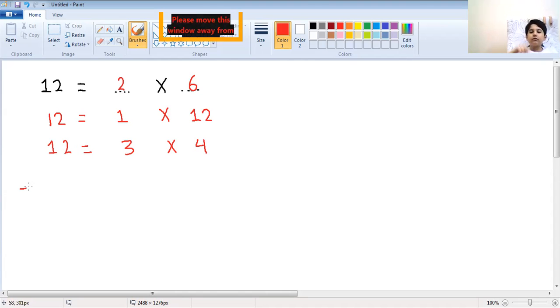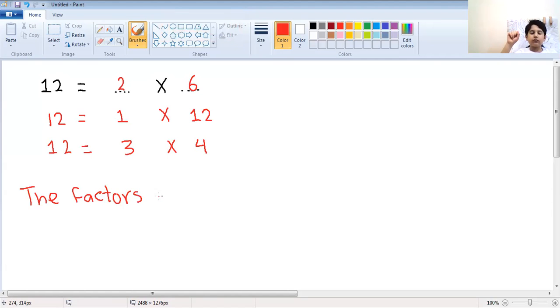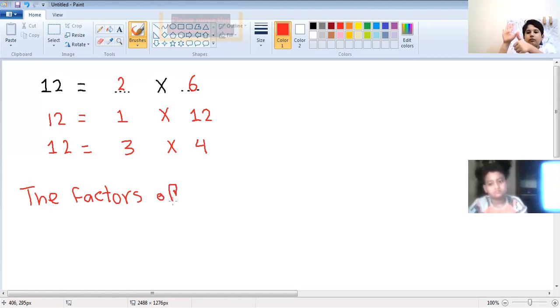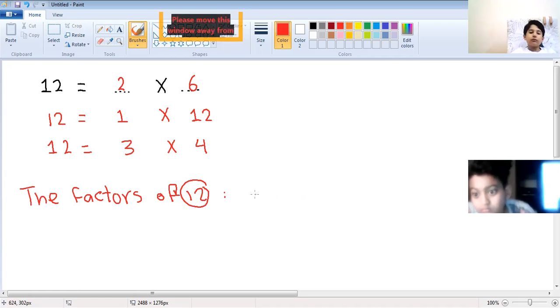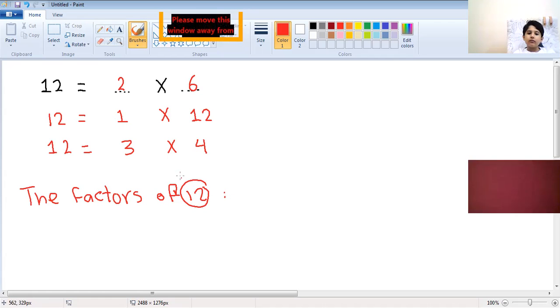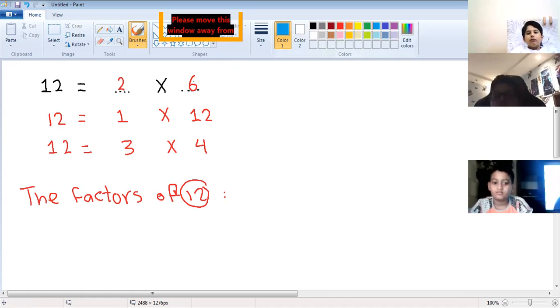So the factors of 12. What are the factors, Muhammad? Of 12. What are the factors? All the numbers here. Can you tell me about them, please?